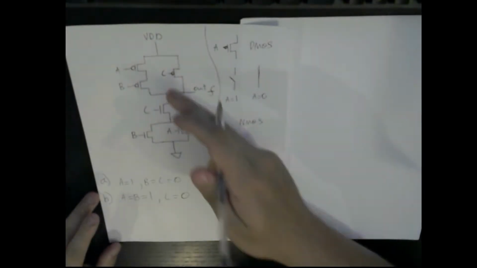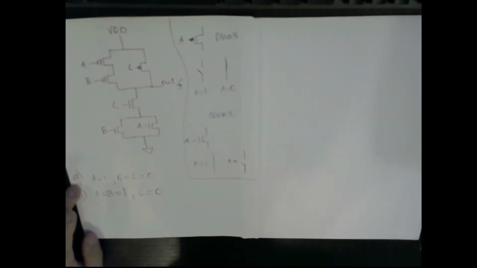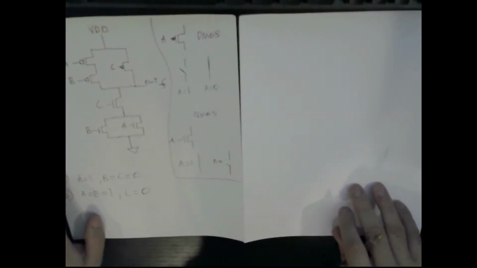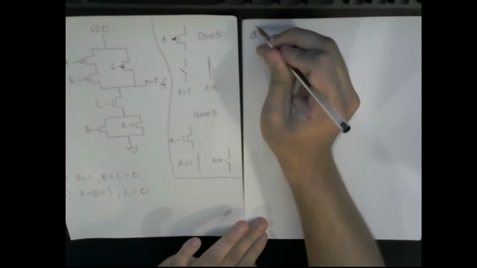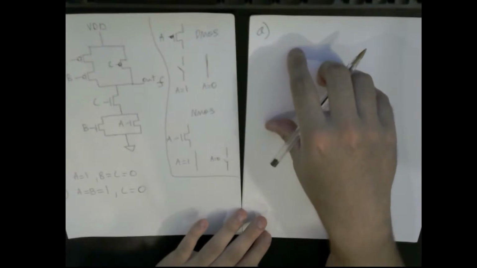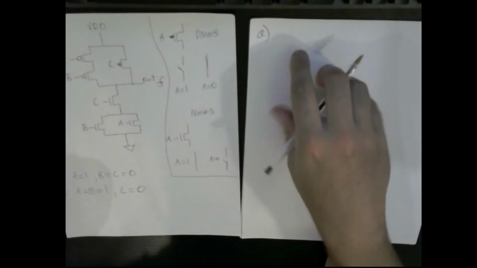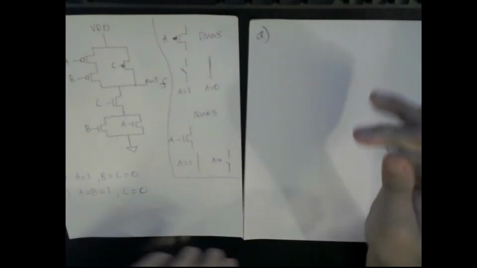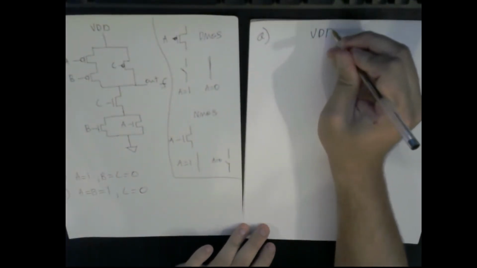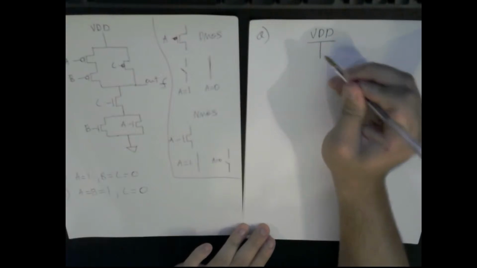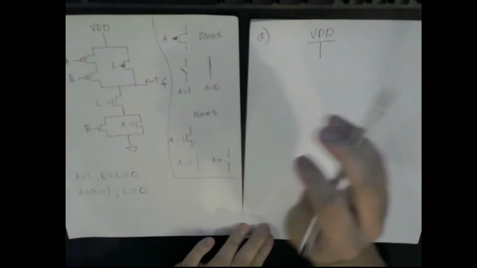Well, I can just test what's going to happen here. So let's go with case A. Let's look at our diagram. A is going to equal 1. So I'm going to have VDD here. Then I have this A, PMOS right here.